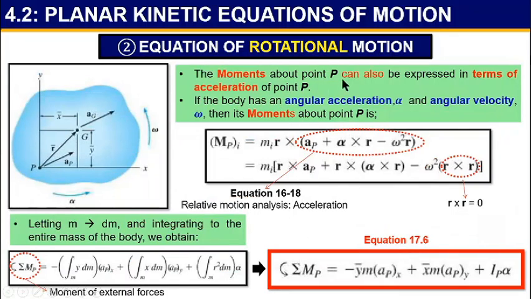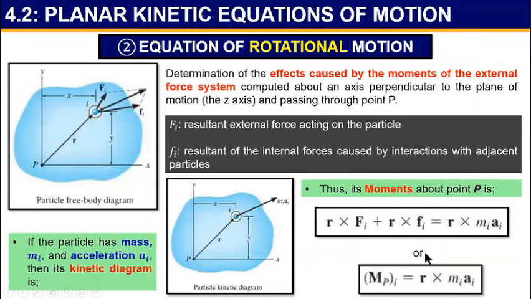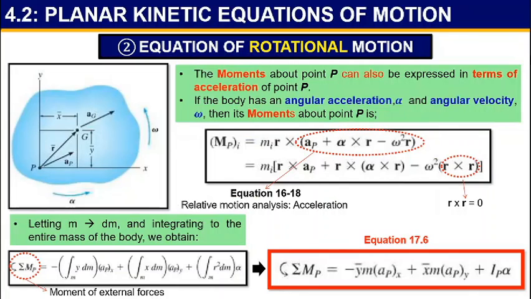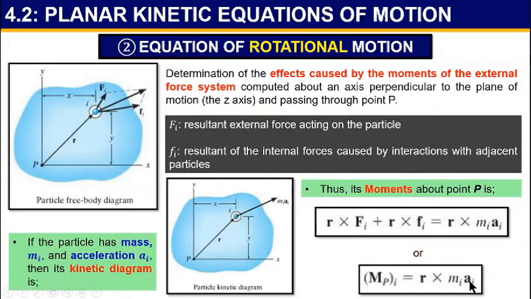The moment about point P can also be expressed in terms of the acceleration of point P. Just now, we already determined this equation, moment equals r times ma. Now we want to express this acceleration a.